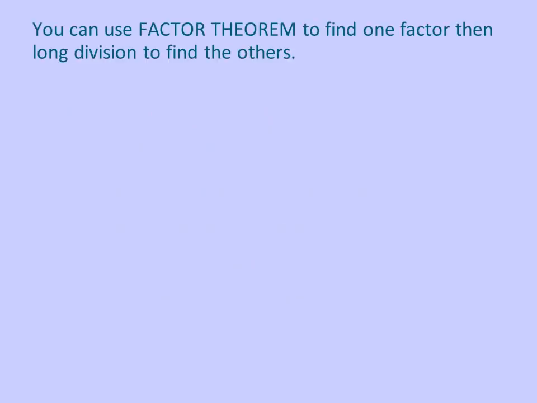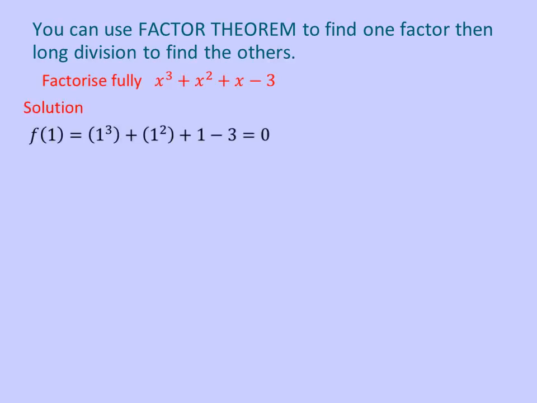You can use factor theorem to find one factor and then long division to find the others. Let's fully factorise x cubed plus x squared plus x minus 3. I'm going to substitute in 1 and I get 1 plus 1 plus 1, take away 3 is equal to 0, therefore x minus 1 is a factor.